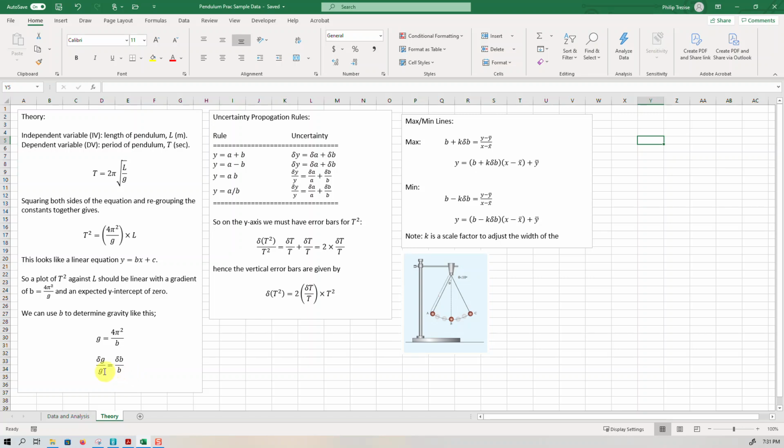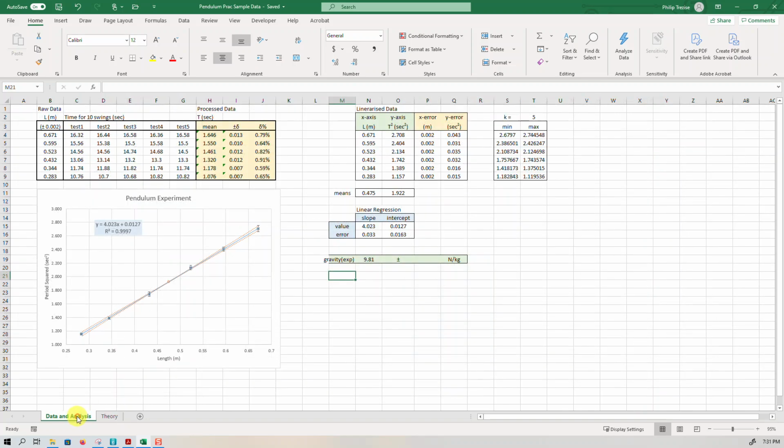There it is. I could, of course, multiply gravity onto the other side of this equation. So the relative uncertainty in gradient multiplied by my experimental value of gravity would be the uncertainty. Let's do that. And I'll put that in here. Now, relative uncertainty. It'll be, remember, I'm using a scale factor of 5 times my uncertainty divided by the gradient there.